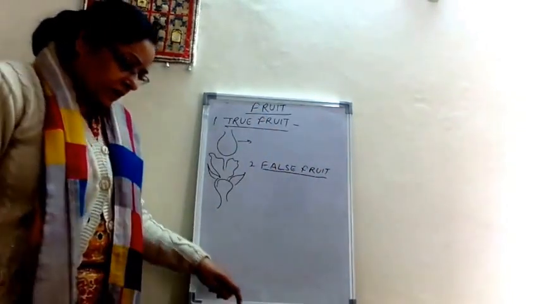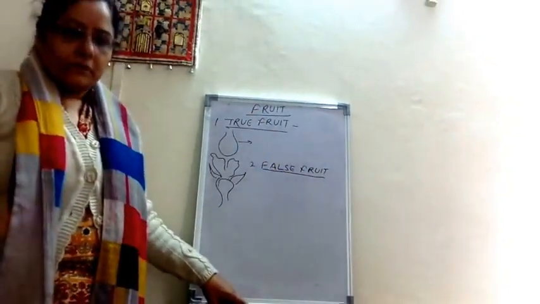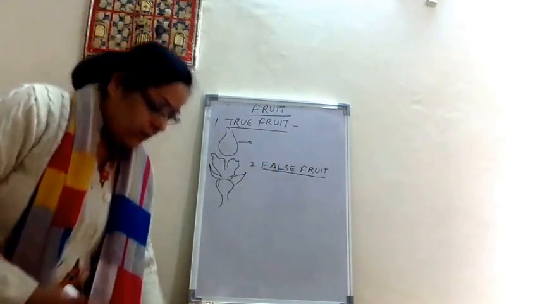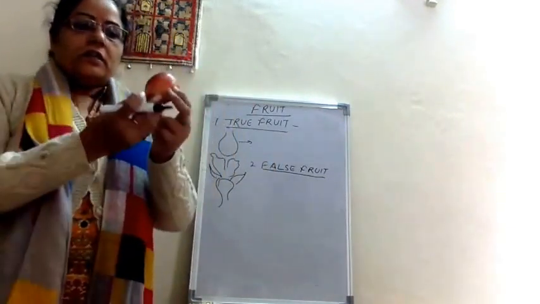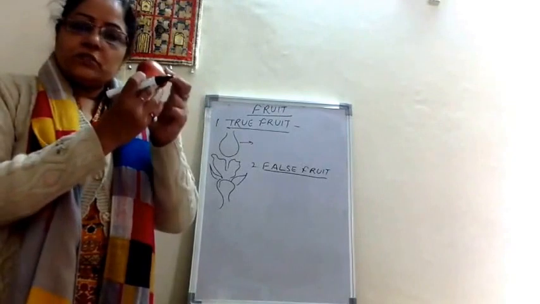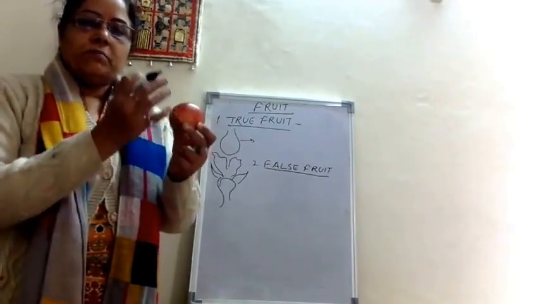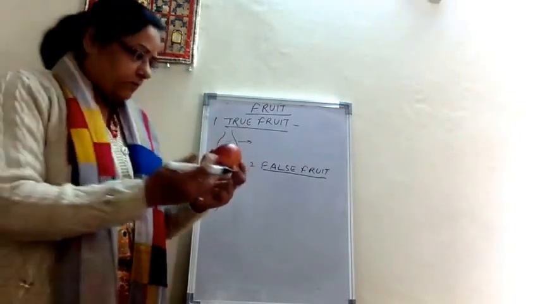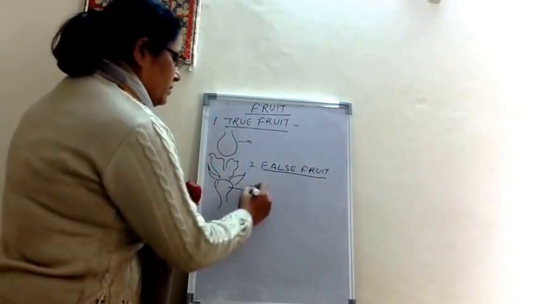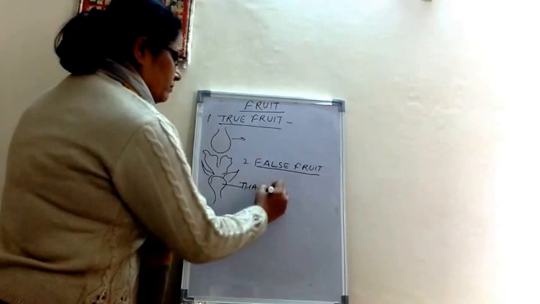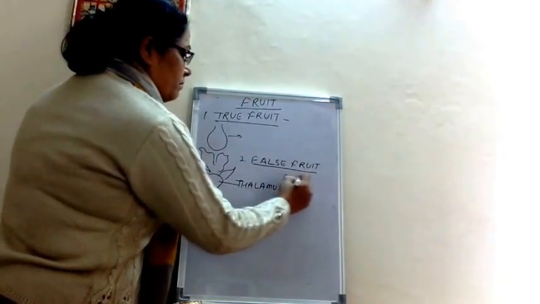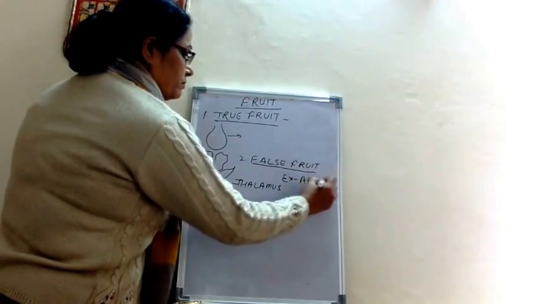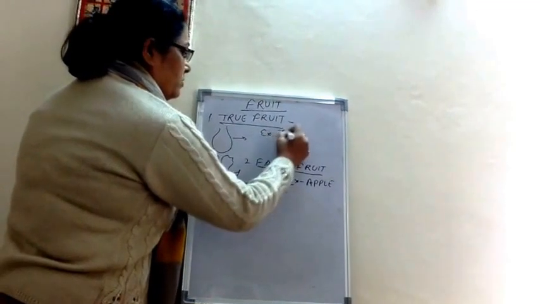Or it is also called pseudocarpic fruit, like apple. It is pseudocarpic fruit because some part of the thalamus is also involved in the formation of fruit. This is thalamus. Its example is apple. Its example is tomato.